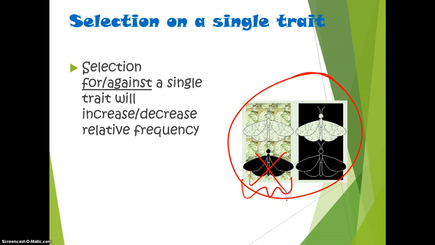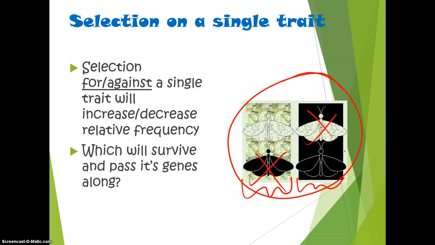Obviously the black one. So that black color is going to decrease in frequency because it stands out. Same kind of idea in this environment, but the white one stands out in that environment. So which will survive and pass its genes along? I already talked about that.